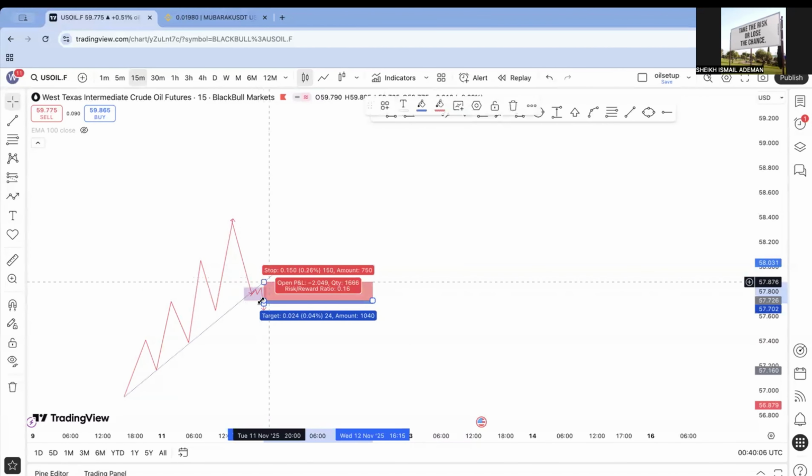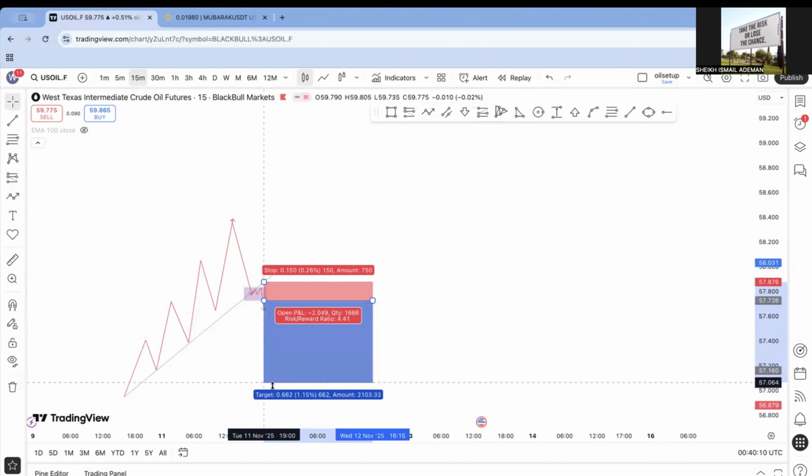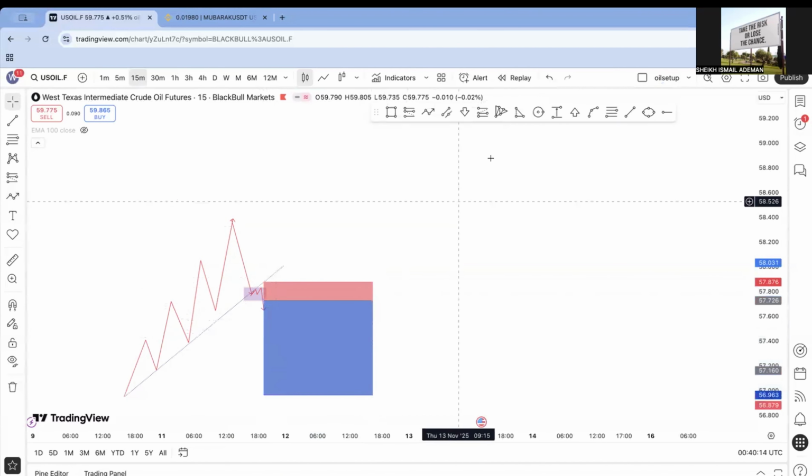You put your stop loss right above, and then target the major low using these levels as take profits.